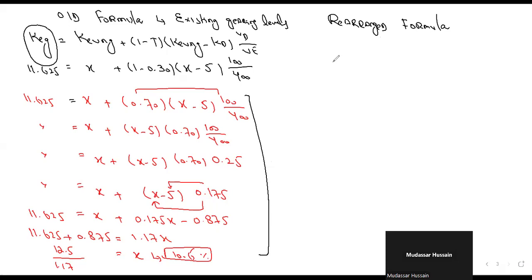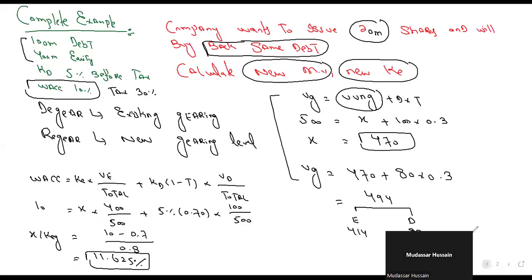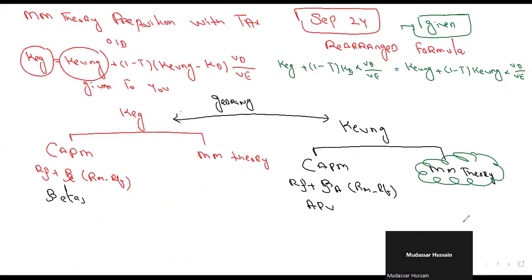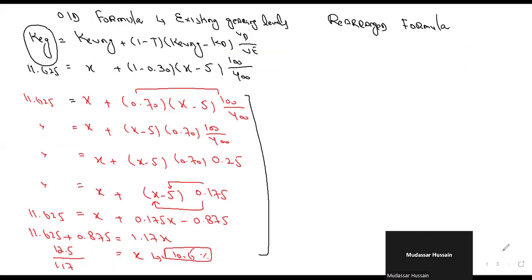Now, what is that rearranged formula? The rearranged formula, we have already stated on the previous slide as well. This one, we are again repeating. Cost of equity of the geared company plus 1 minus T TD into value of debt over value of equity.